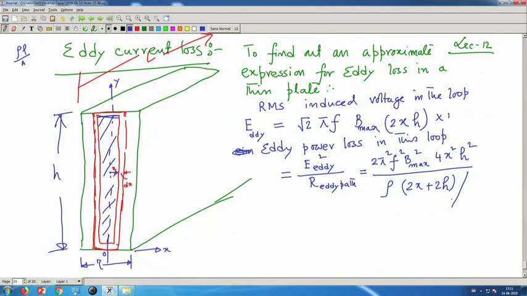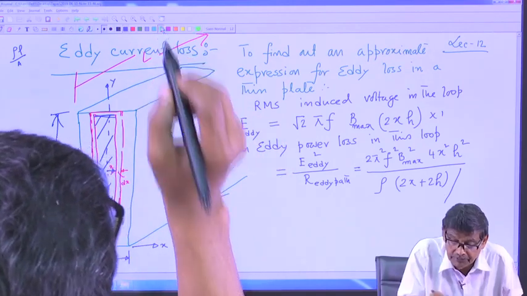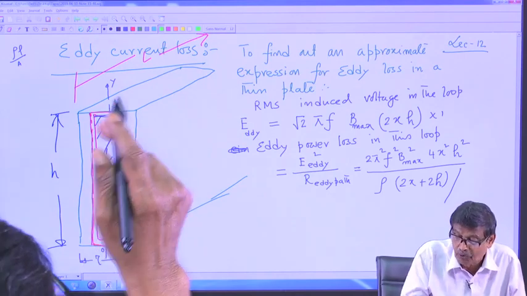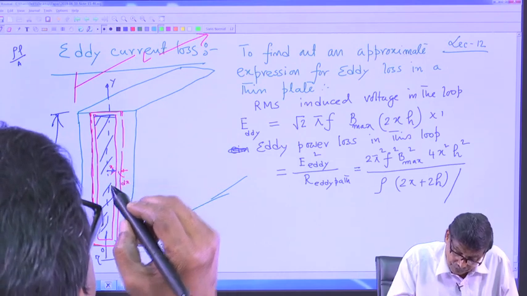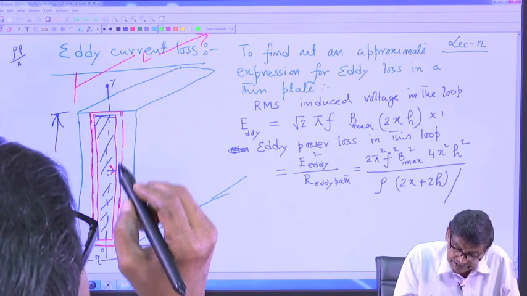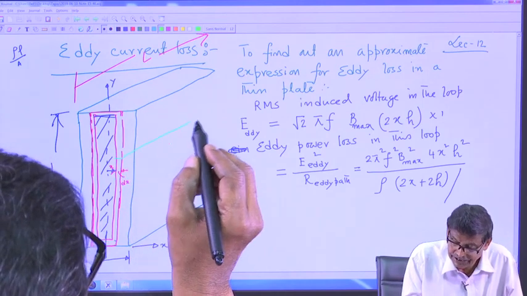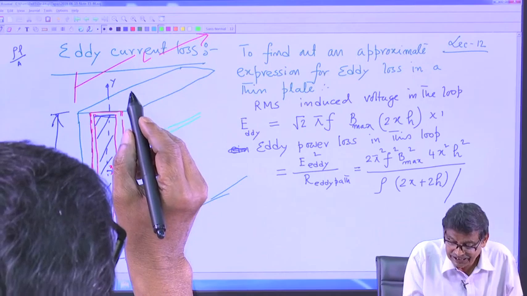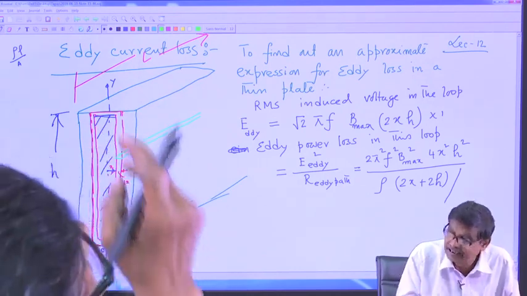Now, what is the cross section here requires some observation. This loop, as I told you, exists all along this length, here also it exists. So, at a given instant of time current will flow, this is the cross sectional area, because the loop exists here also, this is not for this single fellow.